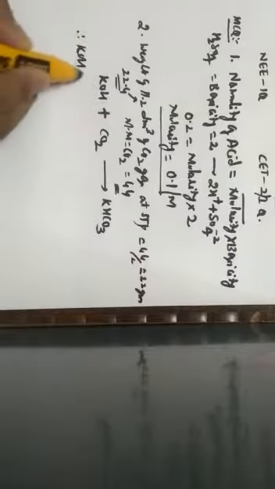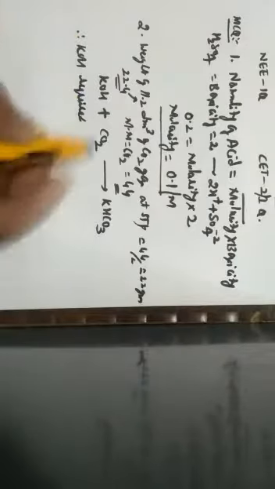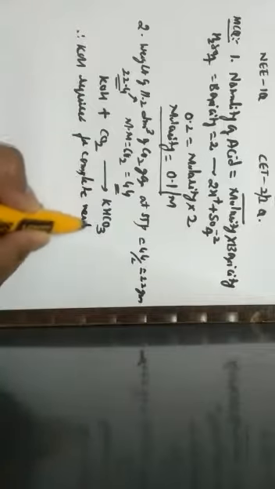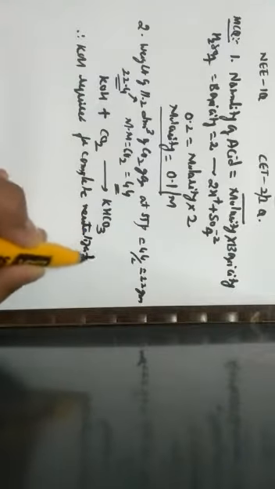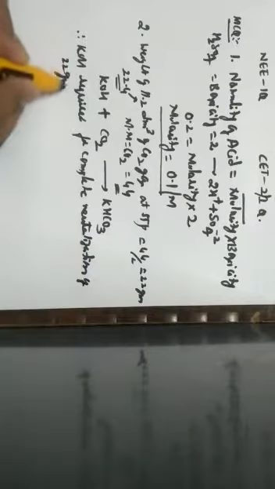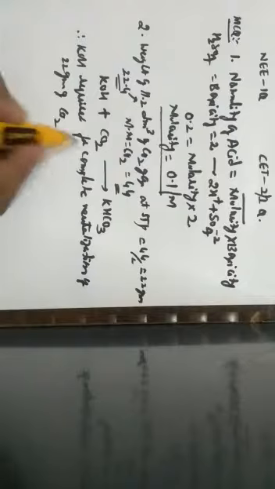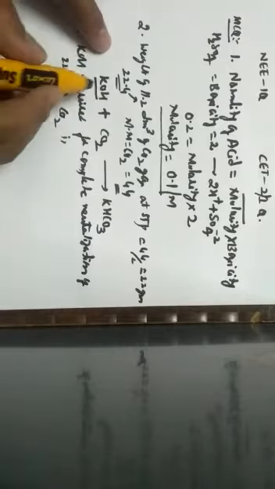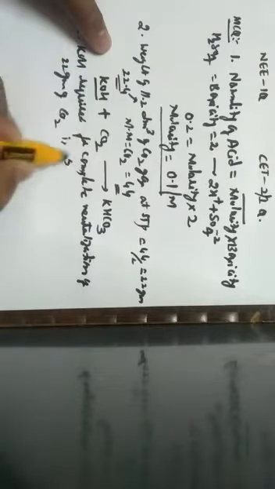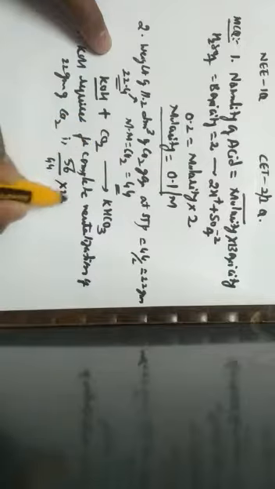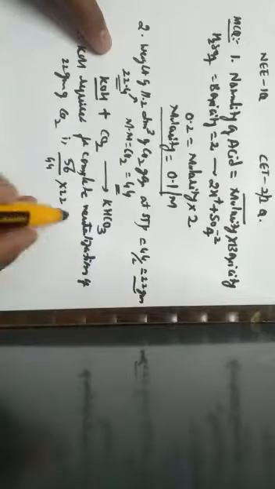Therefore, the amount of KOH required for complete neutralization of 22 grams of CO2 is: the mass of potassium hydroxide is 56 grams, so 56 divided by the mass of carbon dioxide, 44, into 22, because we have to calculate for 22 grams.